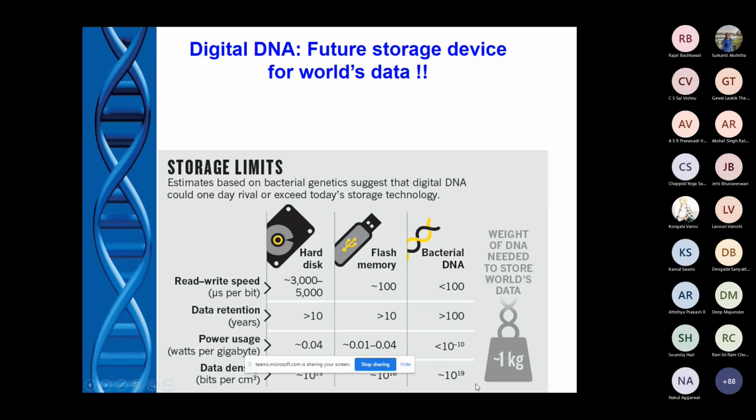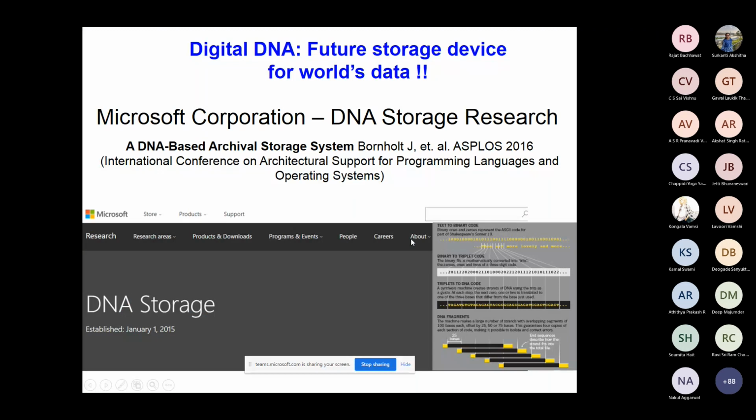Now I'm showing you Microsoft Corporation's DNA storage research. The only thing here, which I will discuss later also, is that in a computer you just say 0101, a binary kind of code, but in case of DNA we have 4 different nucleotides, ATGC, so you have some advantage.